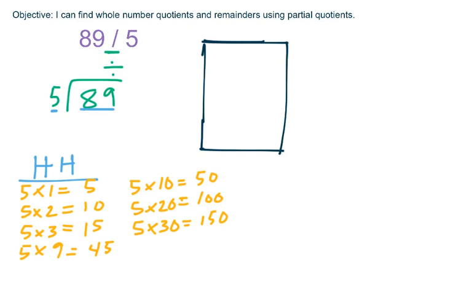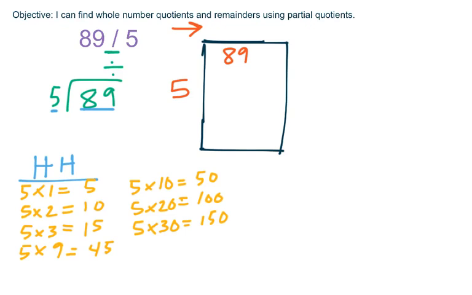So I'm going to start with my area model here. I'm dividing by 5. So every number that's up top here, if I multiply that by 5, it's going to get me the number inside my box. Just like if I were doing area model for a multiplication problem. And then my number that I'm going to start taking chunks from is 89. That's where I'm starting.